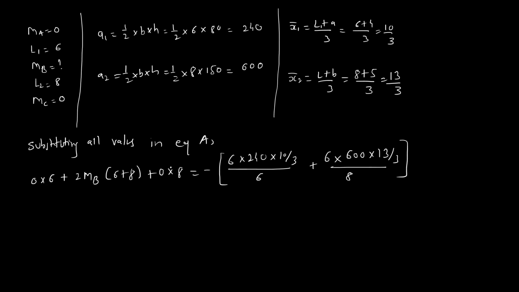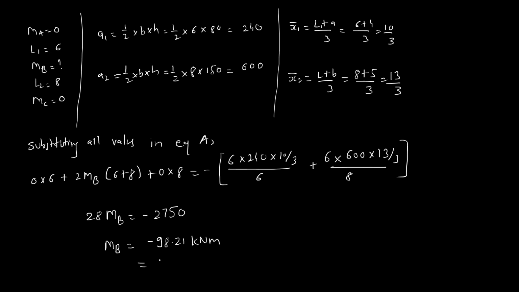So this is 0, this is also 0. 6 plus 8 is 14, 14 twos are 28 Mb. This is equal to minus 2750. So upon calculation, Mb will come as minus 98.21 kilonewton meter.